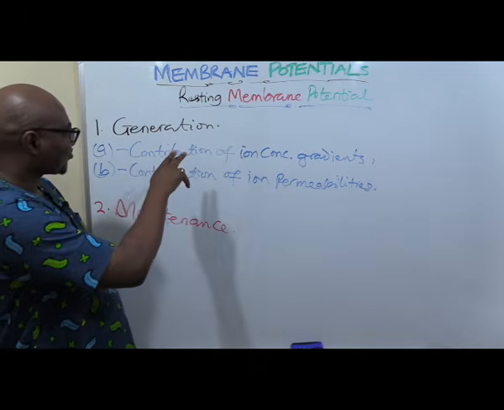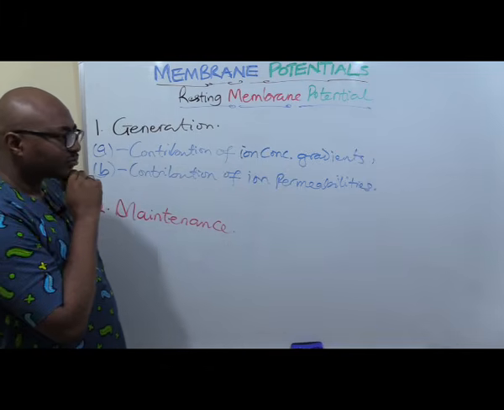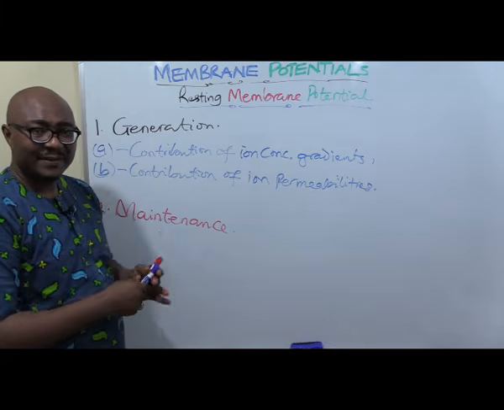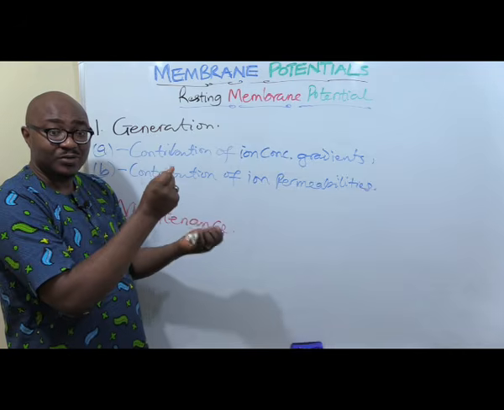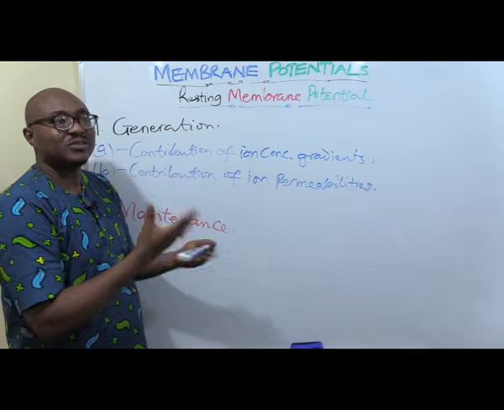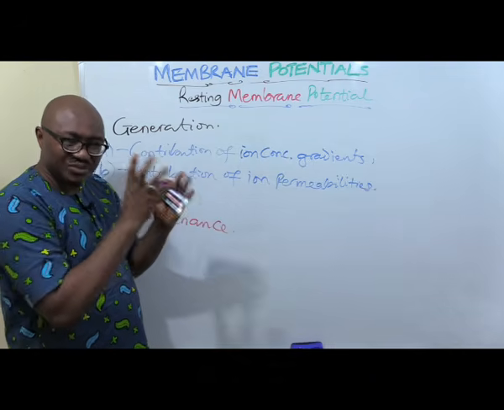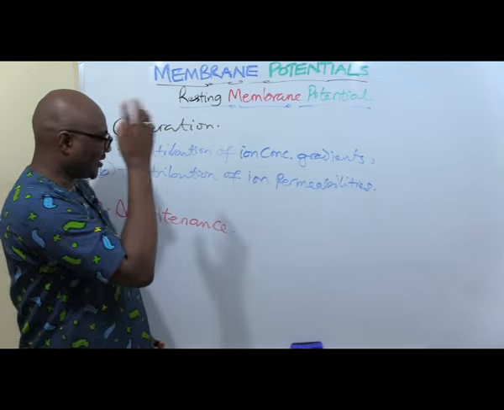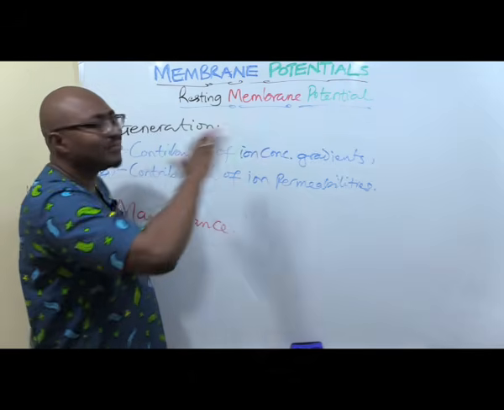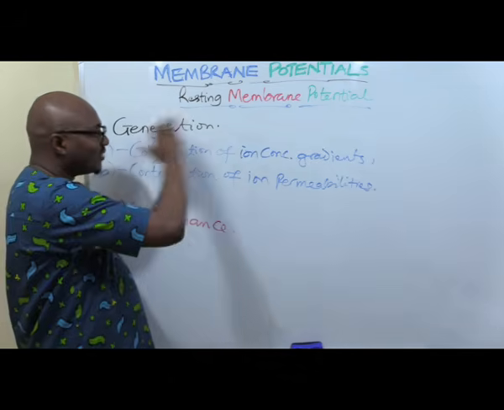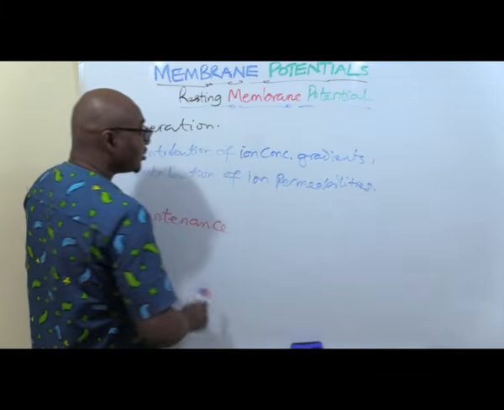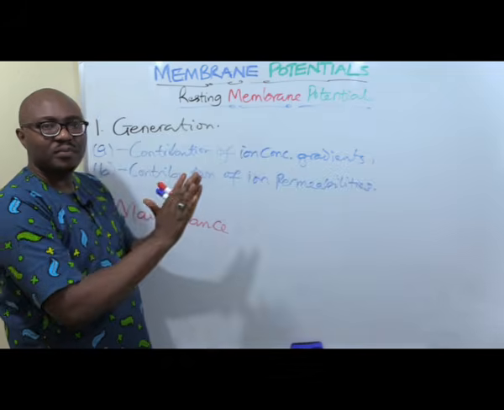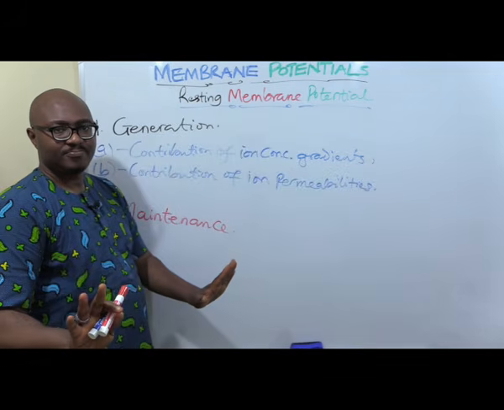So what do we mean by this? To understand this, there are two major ions that we are going to be focusing on because they contribute the most. They are the most significant in dealing with anything membrane potentials, including resting membrane potential and action potential. And they are sodium and potassium.